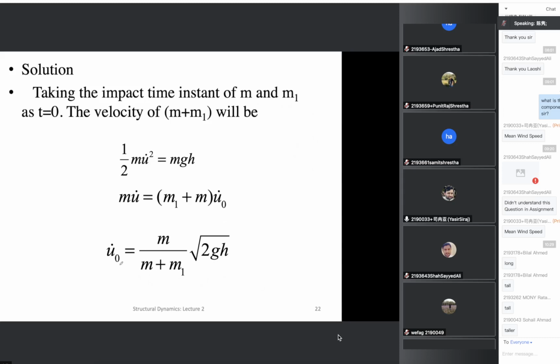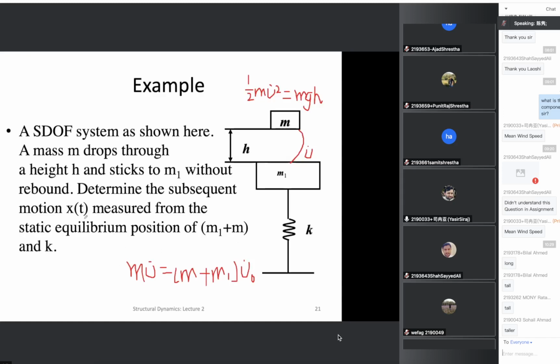So what is the initial displacement? The initial displacement is measured from the static equilibrium position of m1 plus m2 and k, and the positive direction for displacement is down. So my question here is, what is the initial displacement? m2 g over k.